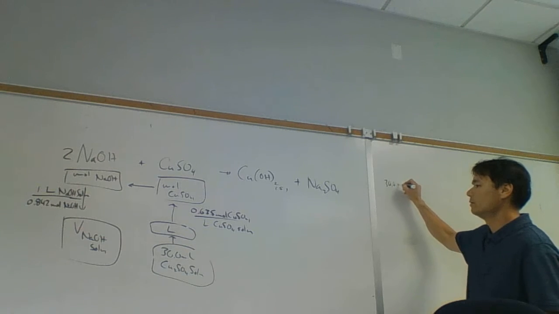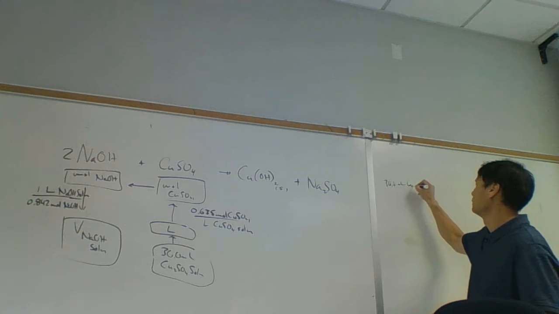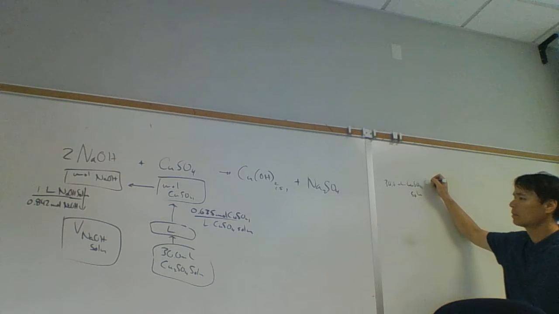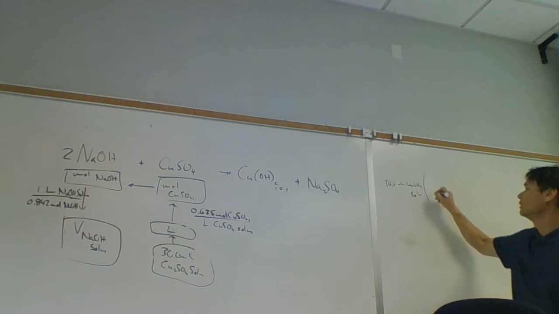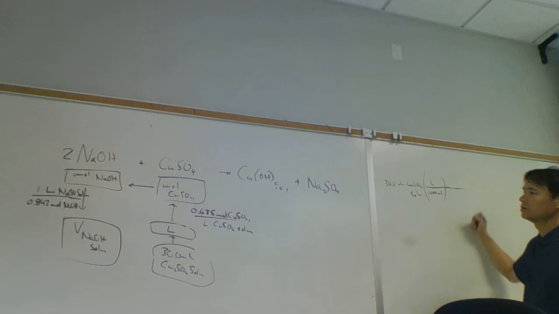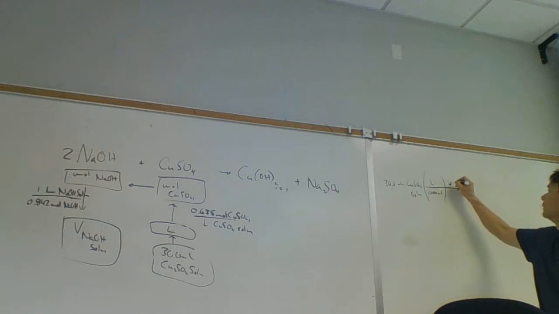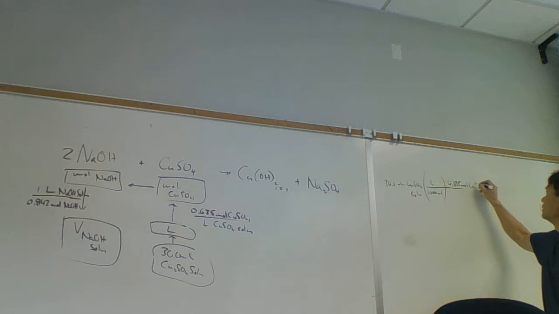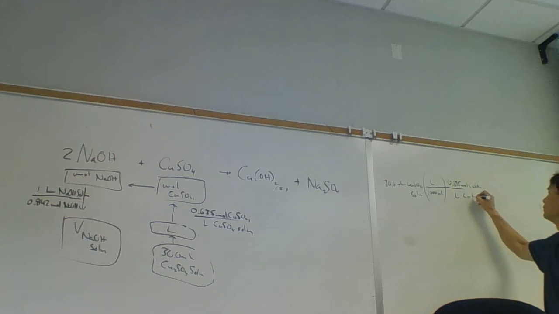It's 30.0 milliliters of copper(II) sulfate solution. And then convert it to liters. So 1 liter contains 1,000 milliliters. And then convert it to moles, 0.635 moles of pure CuSO4 per liter of CuSO4 solution.